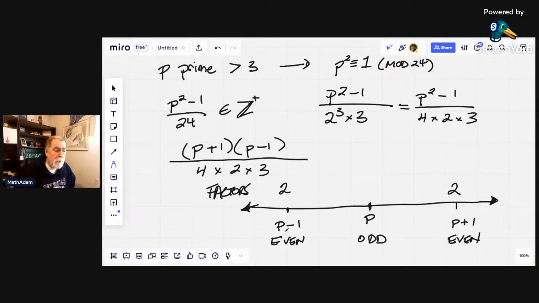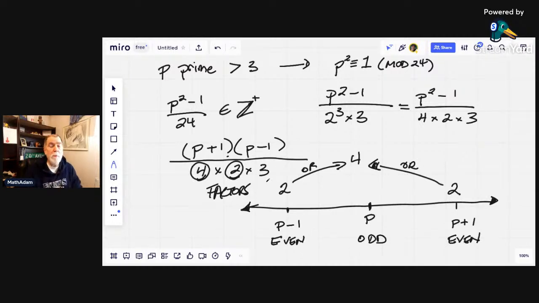So either P minus 1 has got a factor of 4, or P plus 1 has got a factor of 4. So what do we have here? We know that one of these, either P minus 1 or P plus 1, has got a factor of 2, and the other one has got a factor of 4.